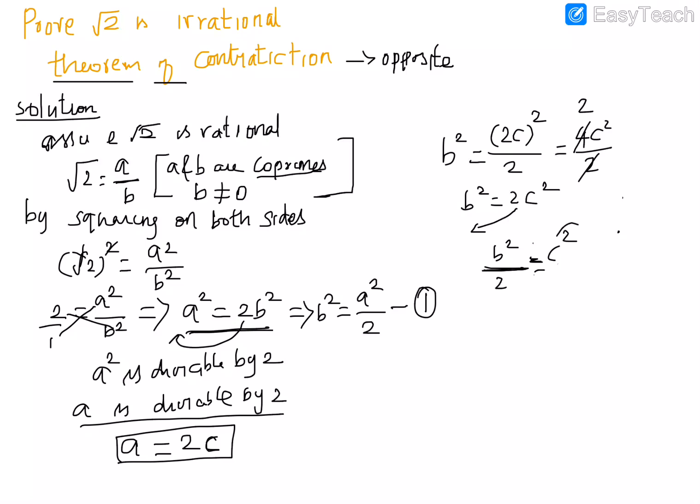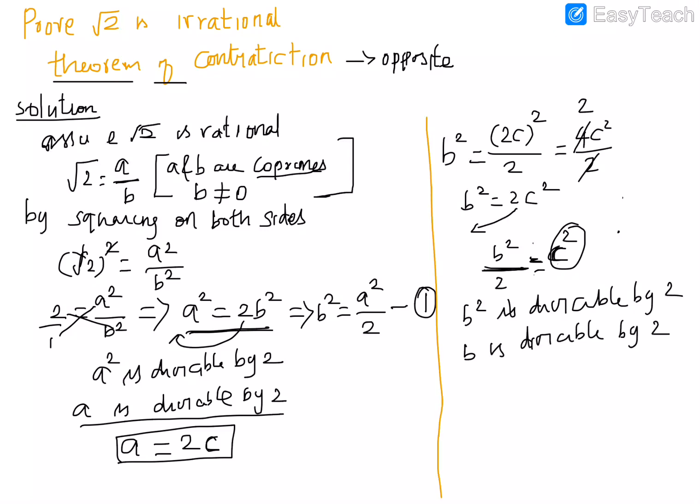So we get some integer, c square. For example, if b square is divisible by 2, then b is divisible by 2, right? That is the rule, like we said before. Yes, like we did with a.